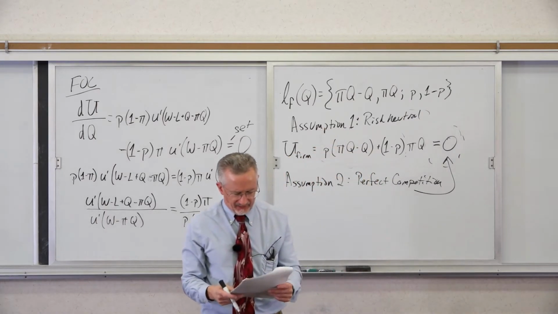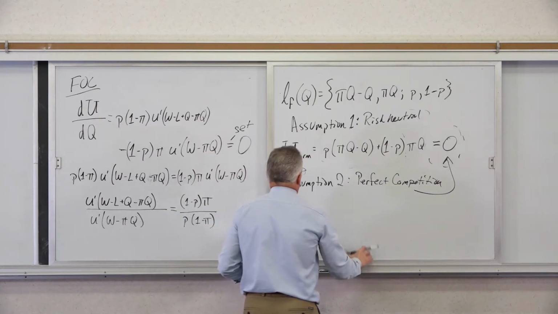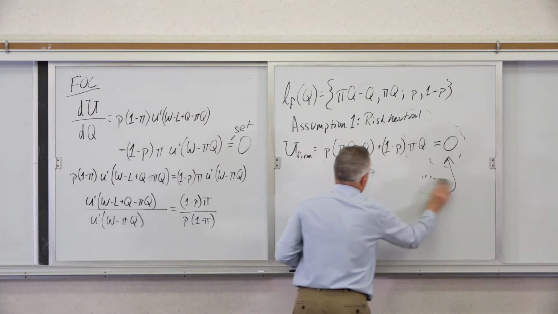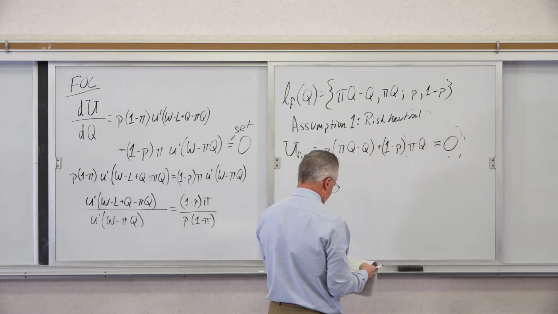All right, good. And so now we're ready to work on this a little bit. Let me get a little bit of space to work. The first thing we'll do is start solving this.